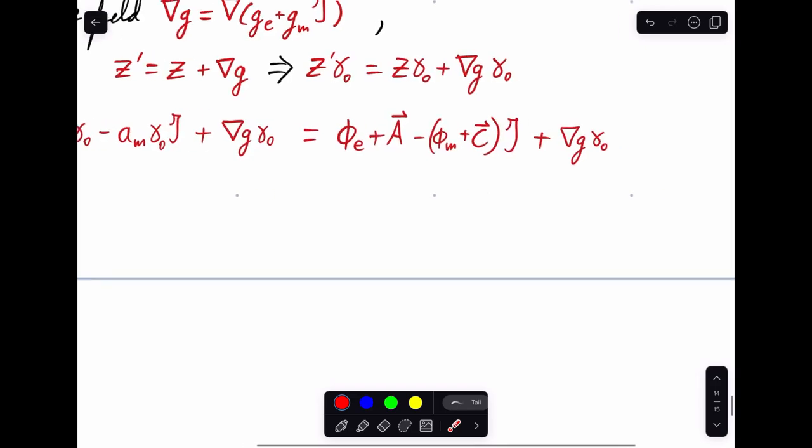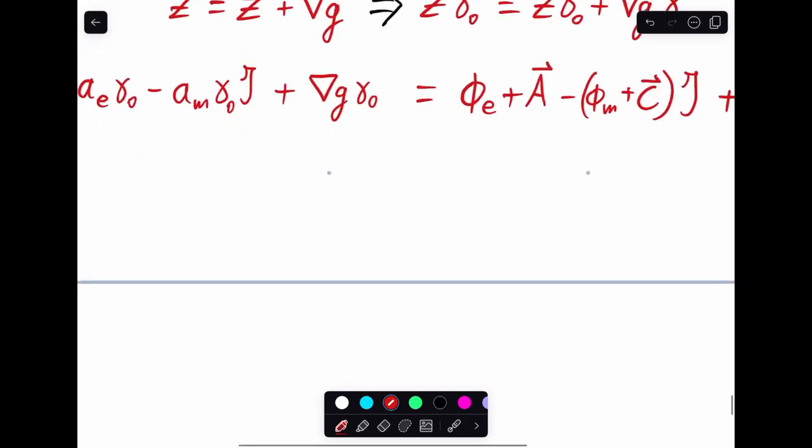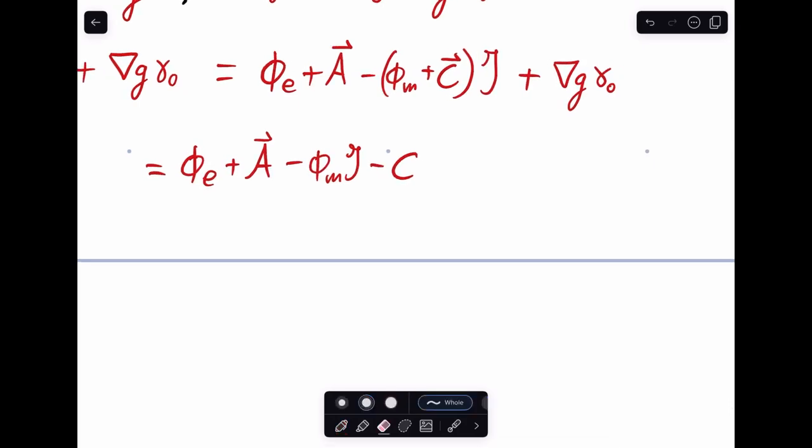So then we have this, which then equals phi e plus a minus phi m I minus c. Oh, okay. I accidentally started repeating the last line. So you end up with the same.